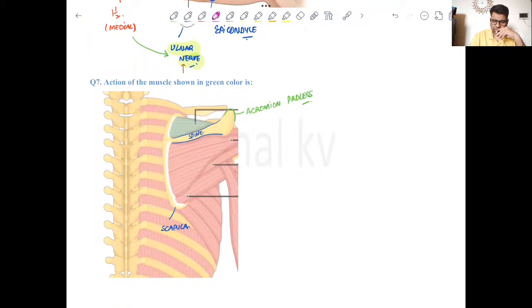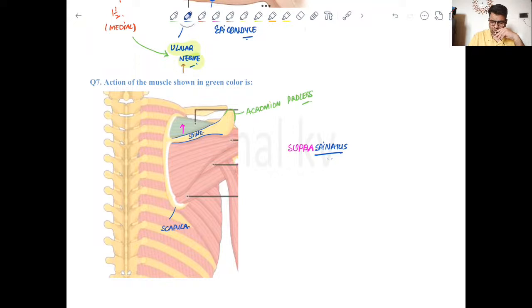Now here there is one muscle which is originating at an area above the spine. So we can use the word supra for above, and of course spinatus for related to the spine of scapula. So supraspinatus.